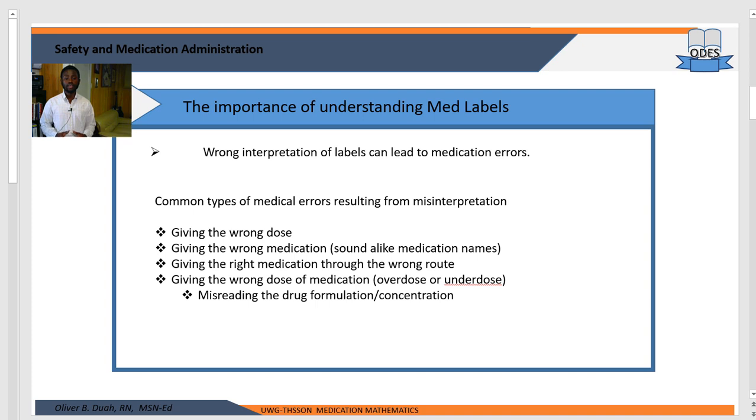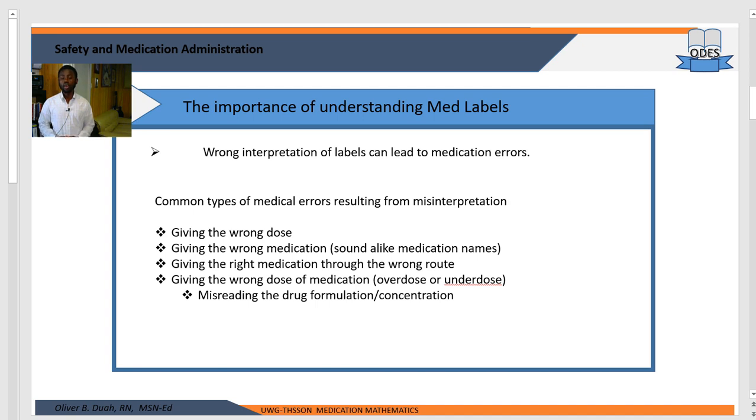Then, another way that we can make an error if we misread or misinterpret medication labels is to give the right medication but through the wrong route, such as a medication that was meant to be given intravenously, which means through the IV, could be given intramuscularly, which will mean giving it through the IM route. We can also give the wrong dose of the medication if we don't read the label.